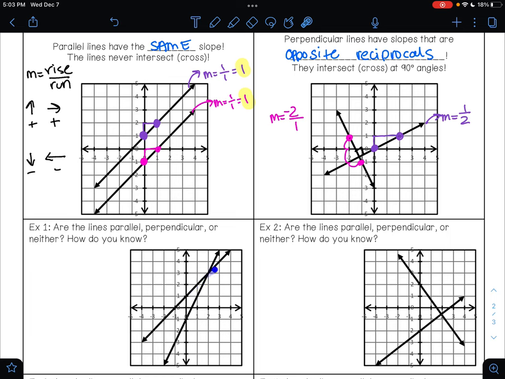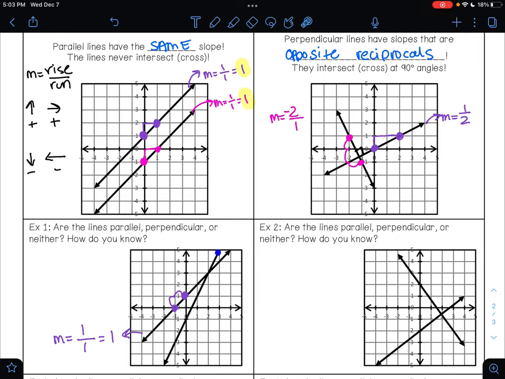And so I'm just looking for 2 points that fall on that line. So this is a good point, and this is a good point. So the slope of this line right here, using rise over run, I'm going to go up 1 and right 1. 1 divided by 1 is 1.